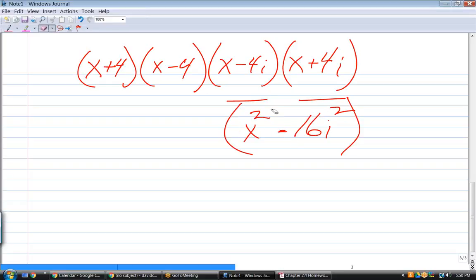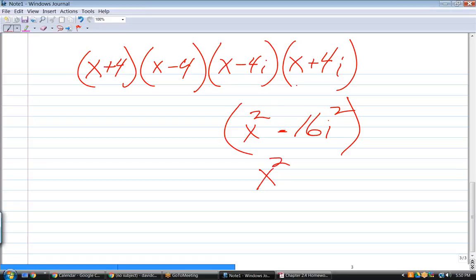And the beauty of multiplying these two things together is I can convert that i squared. What's minus 16i squared equal to? Minus 16i squared, 4i, and i squared is minus 1. Which means minus 16i squared is plus 16.